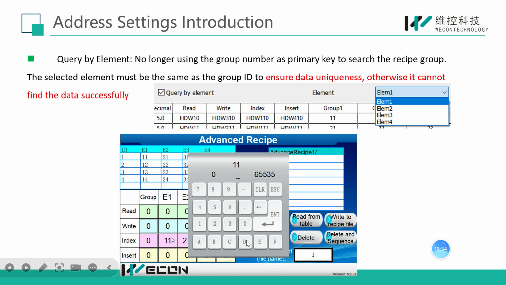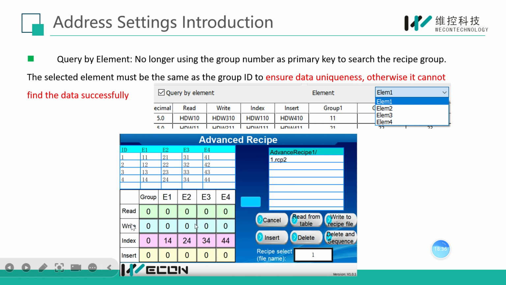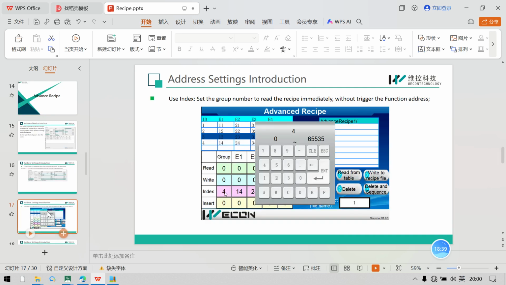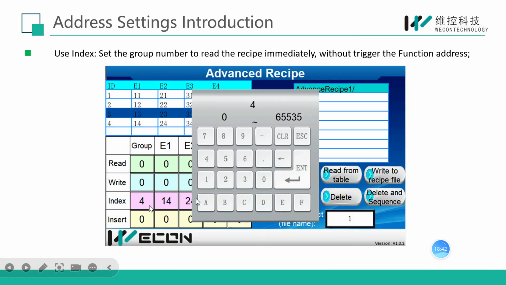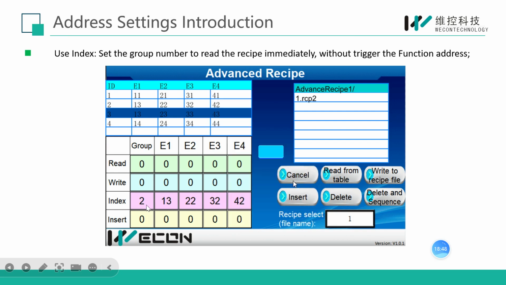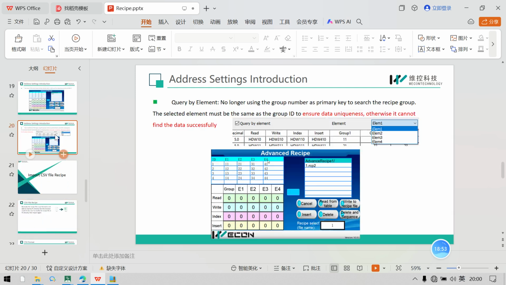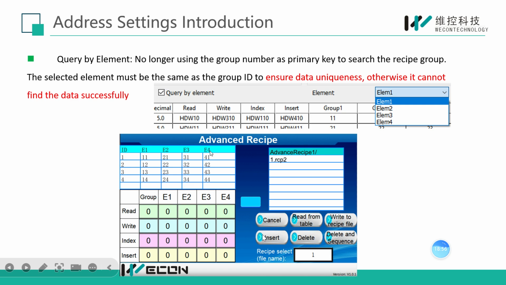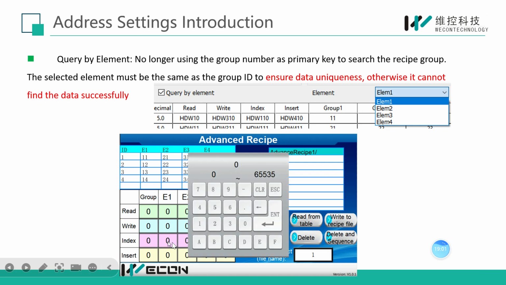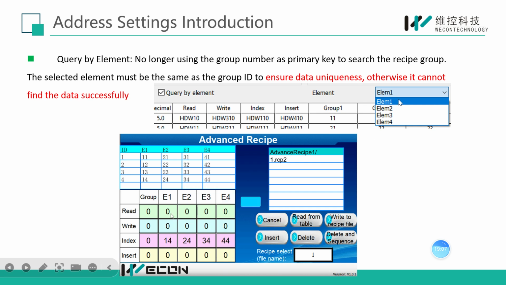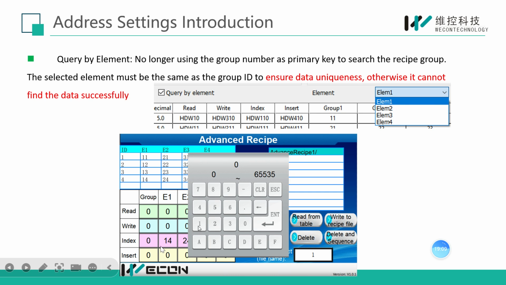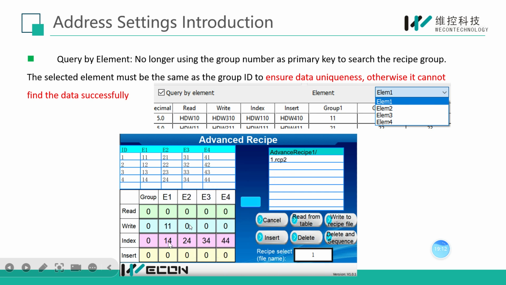So you can see here, on the previous page, with my index, I needed to change the group ID to query out my corresponding group. From this GIF you can see I leave the group ID alone and directly use my element 1, my first parameter, as my query condition.